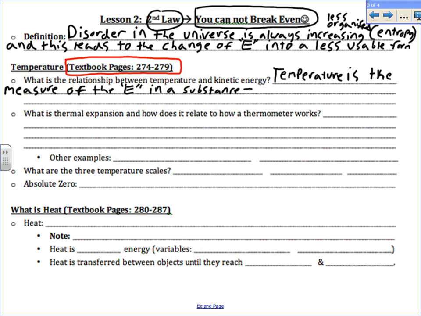And what it's actually measuring is the average kinetic energy of the particles.